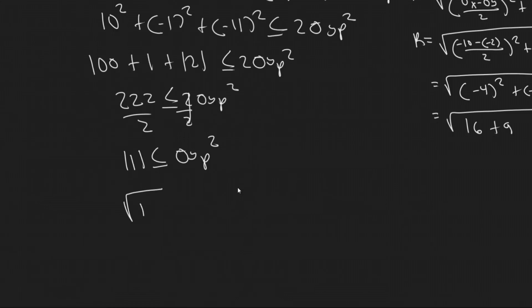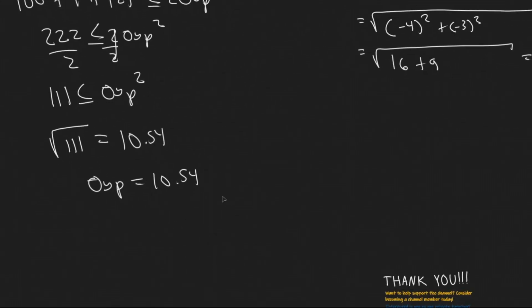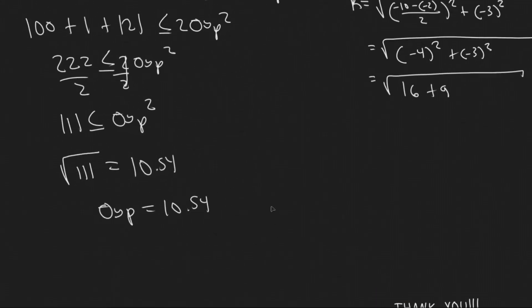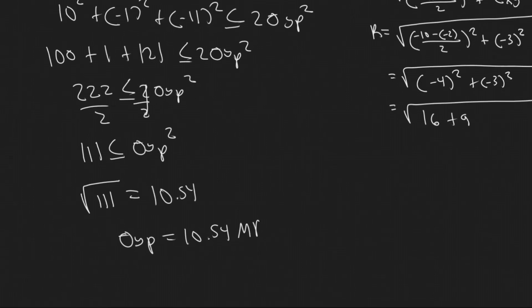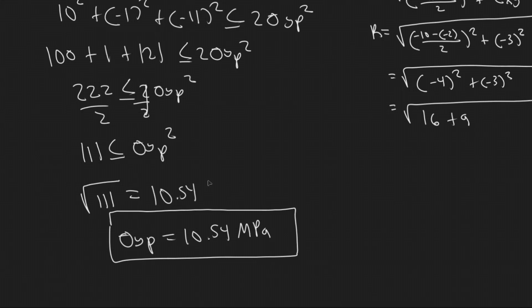So the square root of 111, you should know, or you plug it in your calculator, is 10.54. So sigma yp is equal to 10.54 MPa. So this is when it would yield. And that's going to be your answer to the von Mises. So that was the second one.